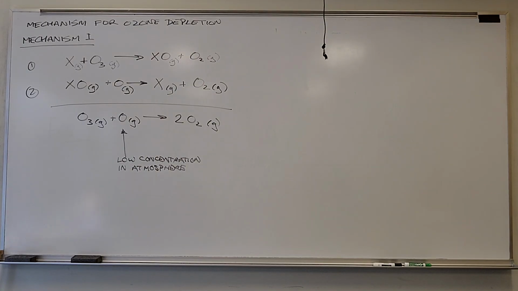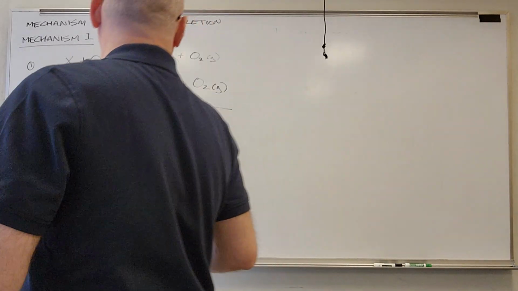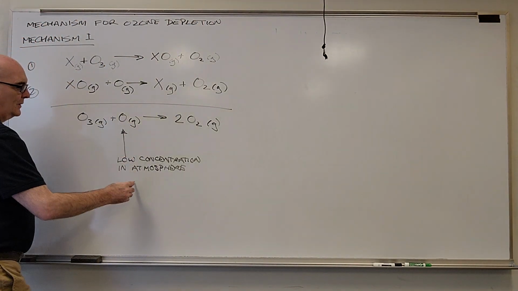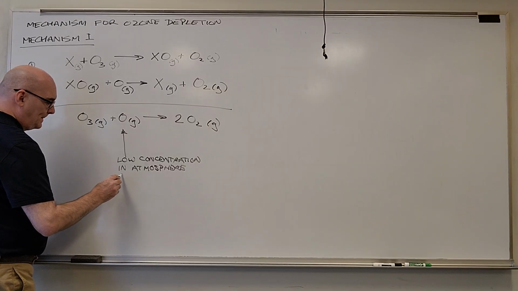Mechanism 1 requires atomic oxygen to complete the cycle. But the amount of atomic oxygen that is in the lower stratosphere between 15 and 25 kilometers, we have very low concentration of this.